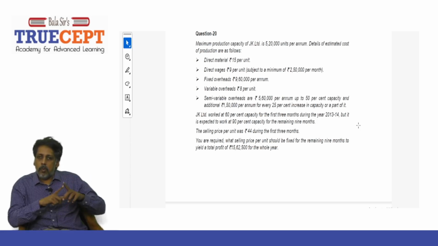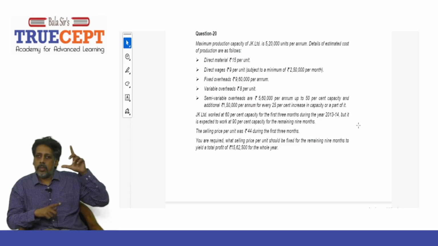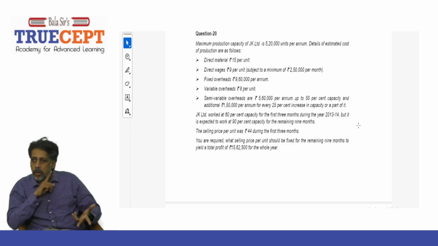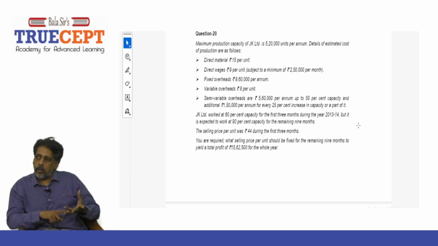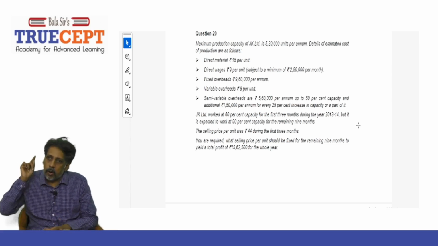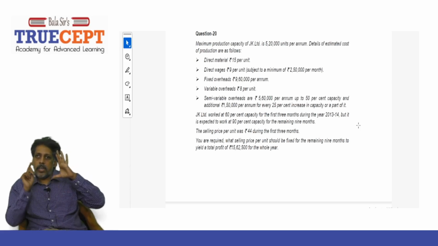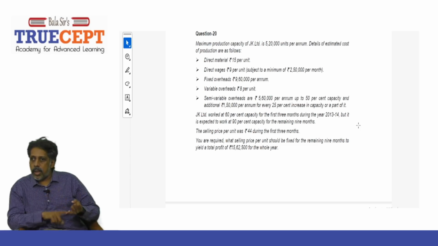Suppose you want to work at more than 50% of the capacity but up to 75%, the next 25%, the cost is an extra 1,50,000. And if you operate at more than 75% capacity up to 100%, another 25% jump, another 1,50,000. It says or part of it, because even if you work at 51% capacity, you'll incur all the 1,50,000 extra cost. Is that fine?